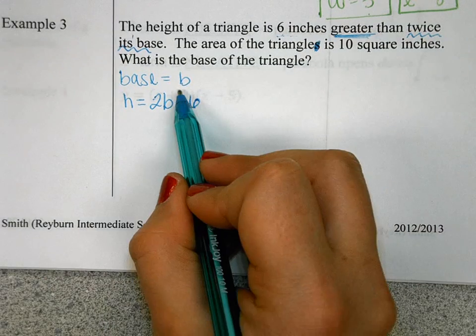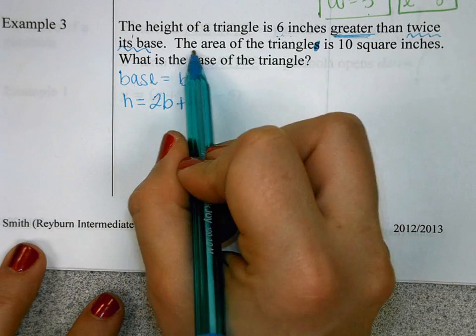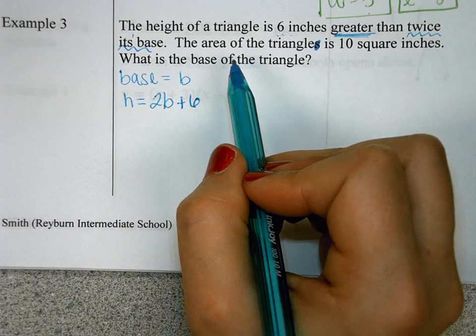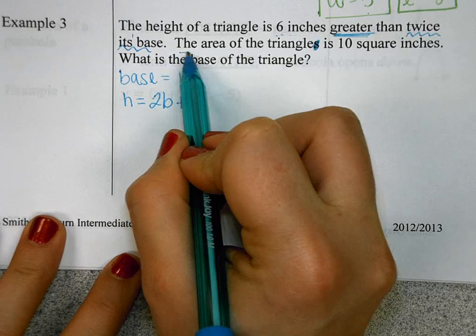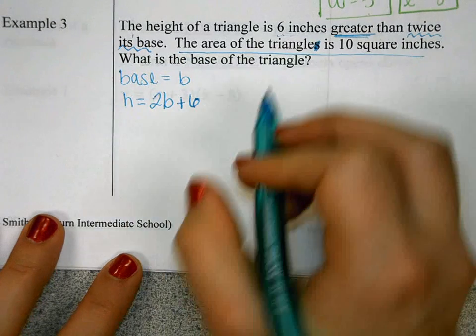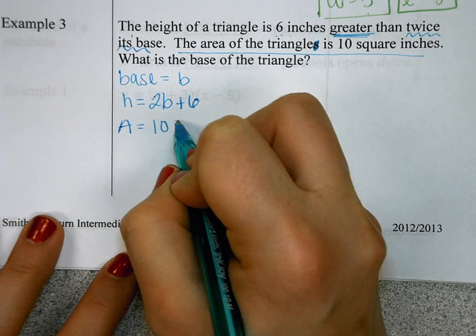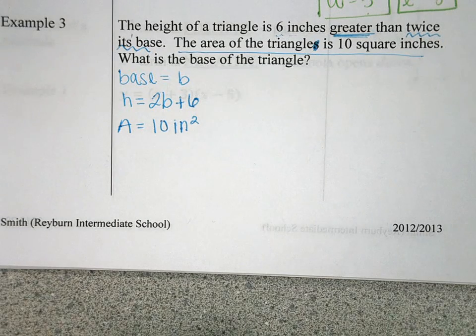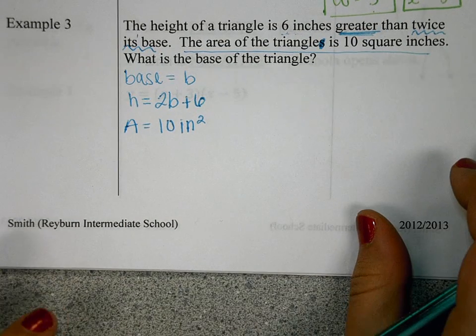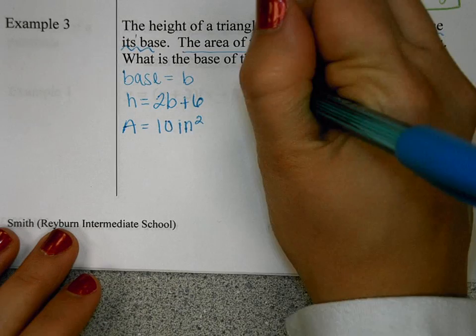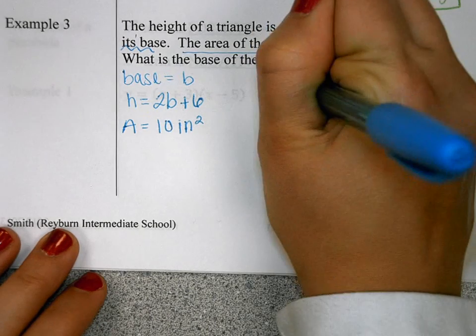Okay, so we know the base, we know the height. Now let's look at the information that they give us. The area of the triangle is 10 square inches. So area is equal to 10 inches squared. Do I have a formula for area of a triangle? Base times height times 1/2.